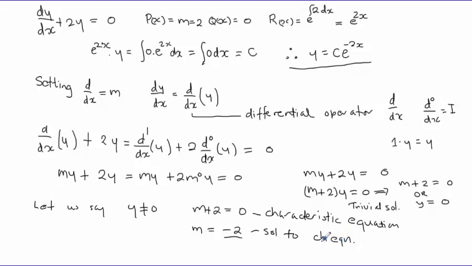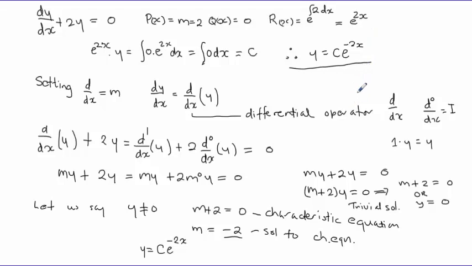I'm going to denote that in short, ch. eqn. So which means we can now build up the solution by simply saying y equals an undetermined coefficient c, which is a constant, multiplied by e to the power minus 2x.